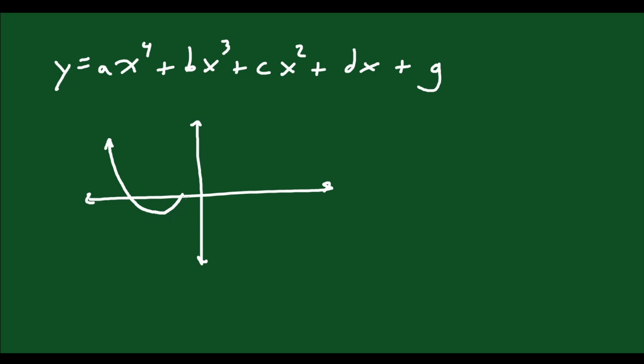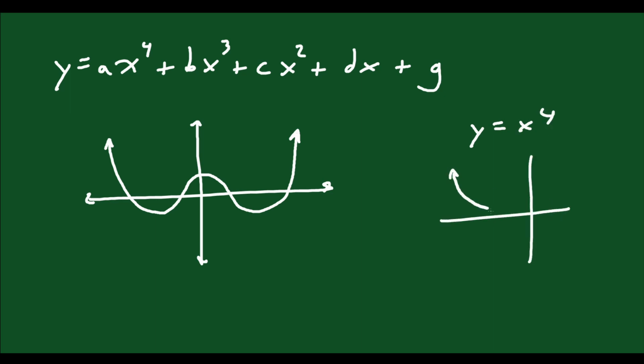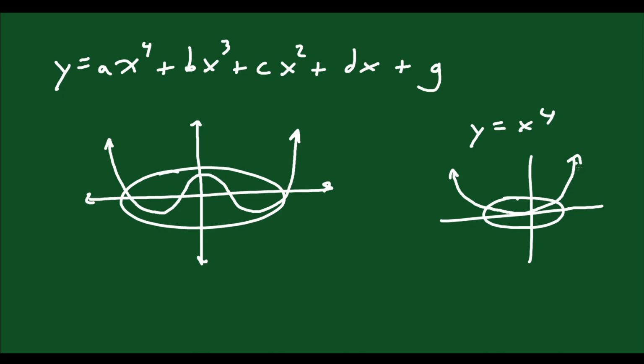It goes down, back down, and back up, right? As opposed to just y equals x to the 4, where it's just a very wide curve like this, right? So in the middle, you have this interesting thing happening, whereas over here, it just goes down and goes back up, right? So it depends on these additional terms, okay?